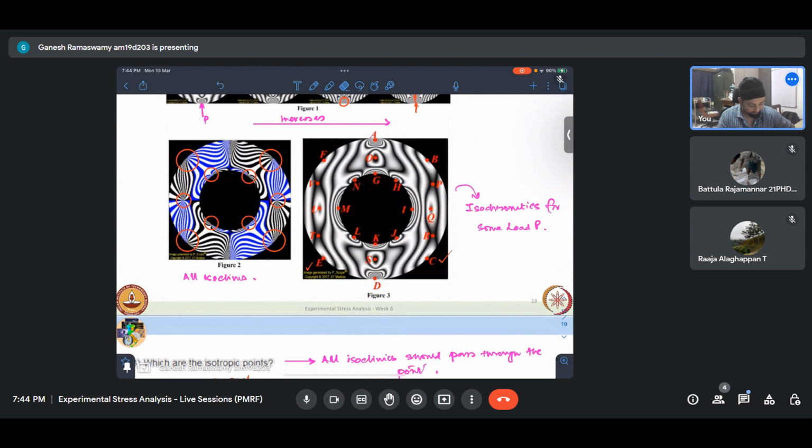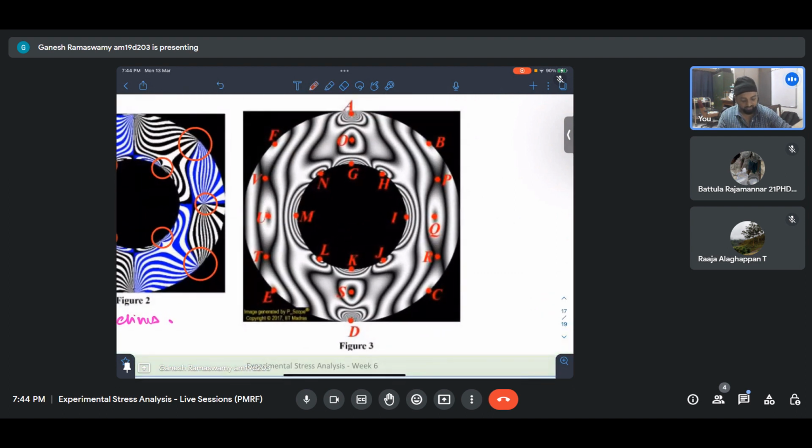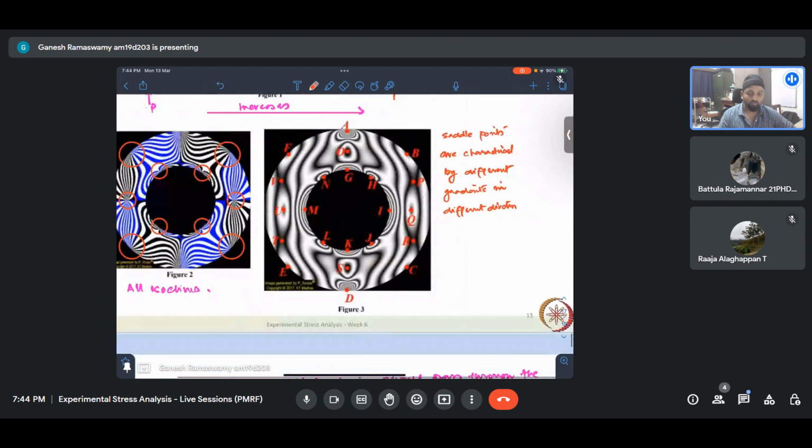So saddle points are characterized by different gradients in different directions. Now essentially here we do not know how it is changing.